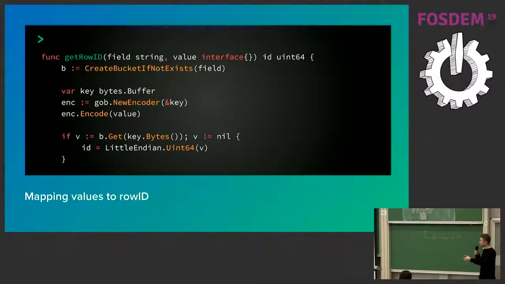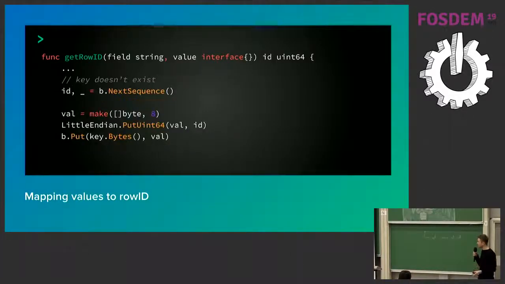You pass the value, so first we encode the value by the gob encoder, and then we get the bucket in a Bolt DB which is assigned to the field, and we try to get the value from the bucket. If it exists, then we can immediately return the row ID.